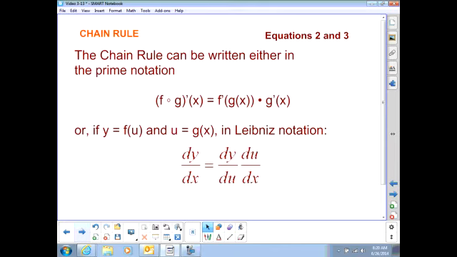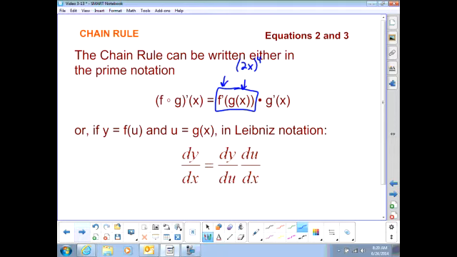Here is the formal notation of the chain rule. So if we have some function f of g of x, we would do our derivative rule for the outside function, keeping the inside the same. So for example, when we had 2x to the 4th, something to the 4th was like our outside function, and we kept the 2x the same on the inside.